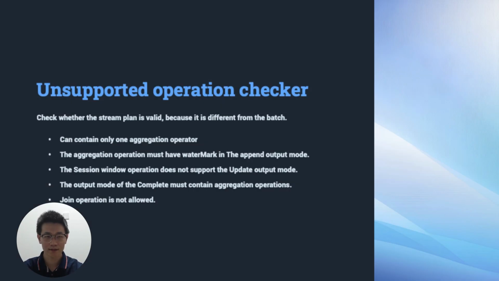We have added some transformation rules to the plan. Specifically, in stream processing, there are various constraints that need to be addressed. To ensure that generated plans are correct, we have a checker that verifies these plans. There are numerous constraints involved, but we won't go into specific details here.